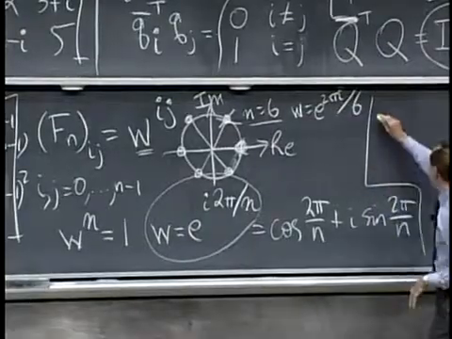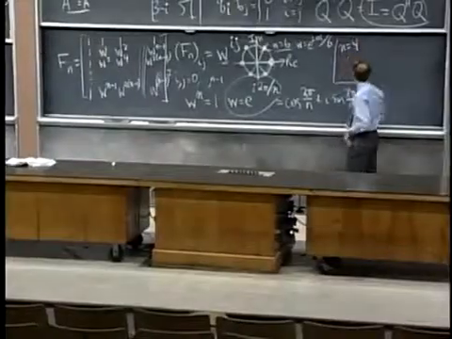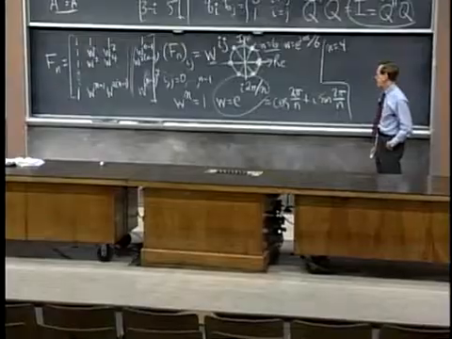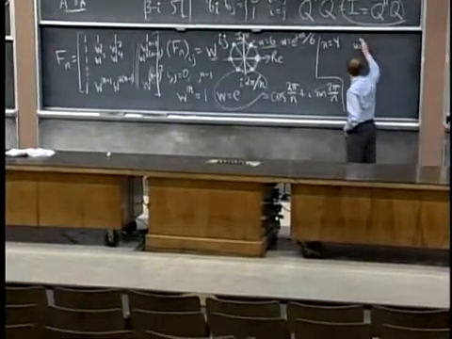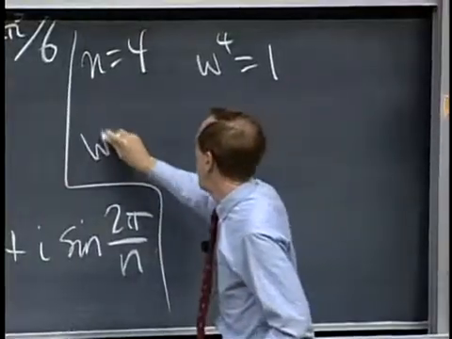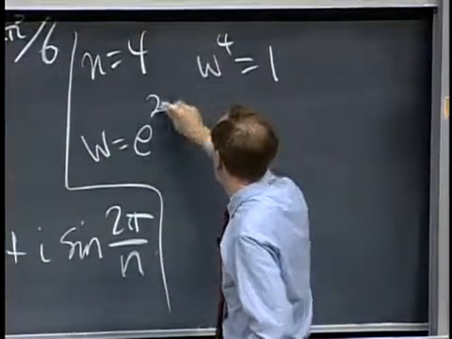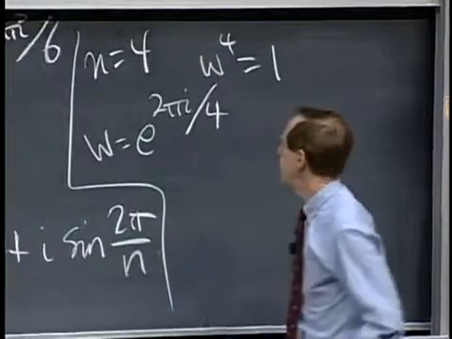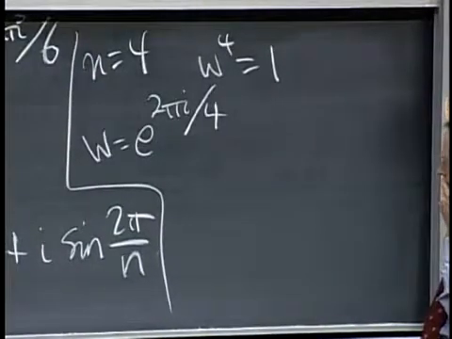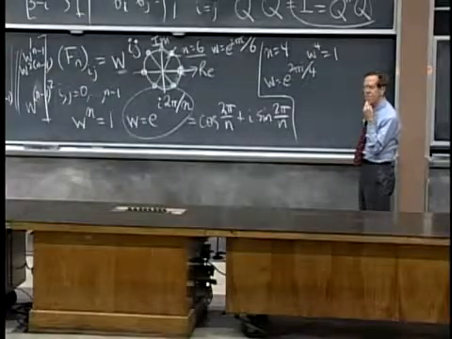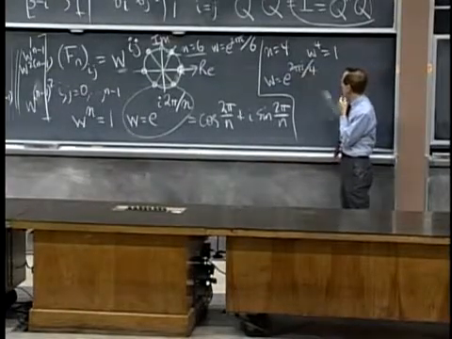So I said I would probably switch to n equal 4. What's w for that? It's the 4th root of 1. W to the 4th will be 1. W will be e to the 2 pi i over 4 now. What's that? This is e to the i pi over 2.